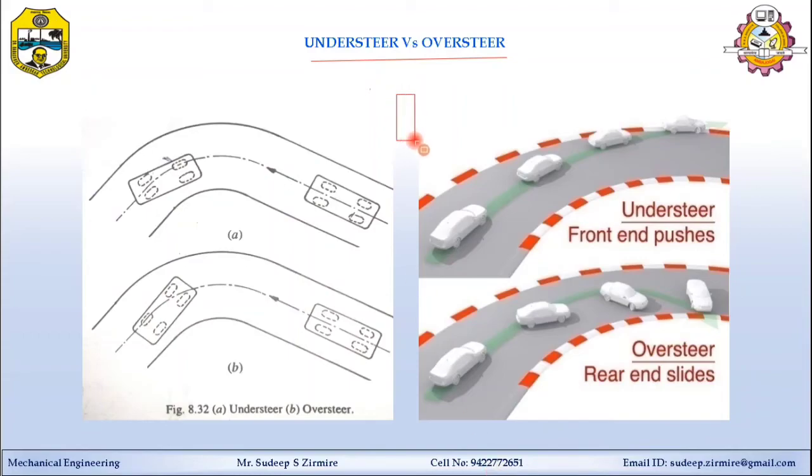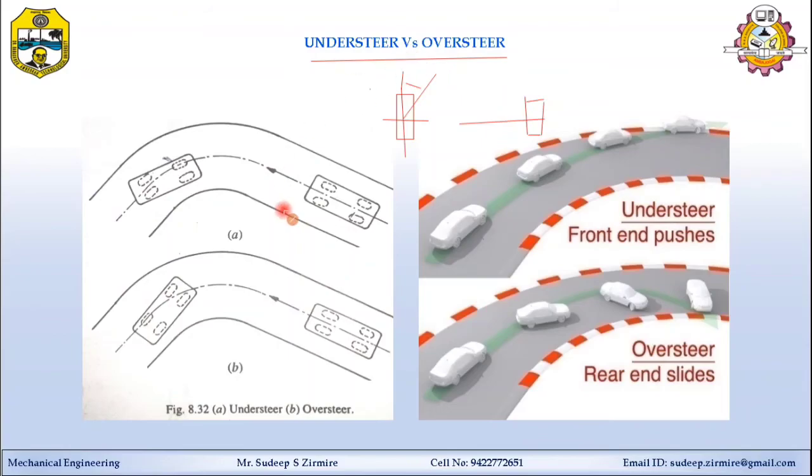Consider this is the wheel and this is the center line. When it takes a turn, the angle between these two lines is called the slip angle. The same applies on the opposite side. The slip angle of both front tires is the same, but it differs from the rear wheels.